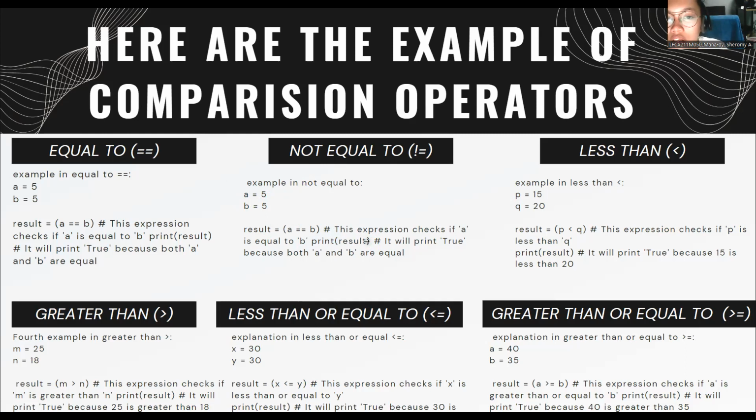In this comparison, not equal to, the expression A not equal to B evaluates to false because the values of A and B are equal. But if A and B are not equal, like A plus 10 and B plus 10, it will be false since both expressions are equal, which is false.